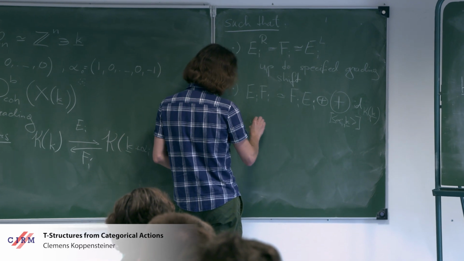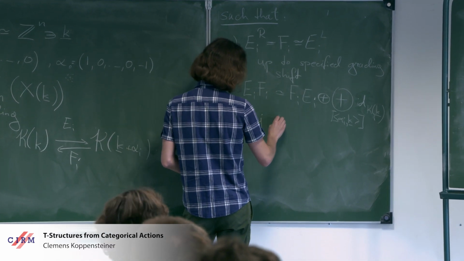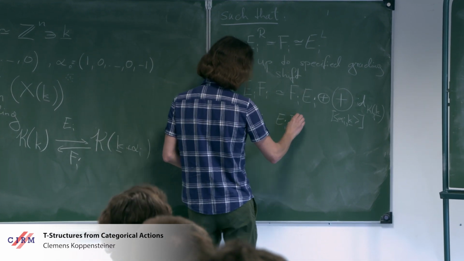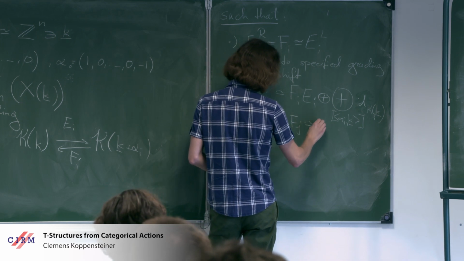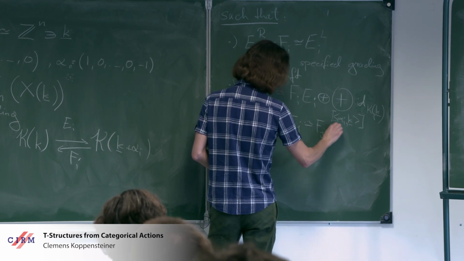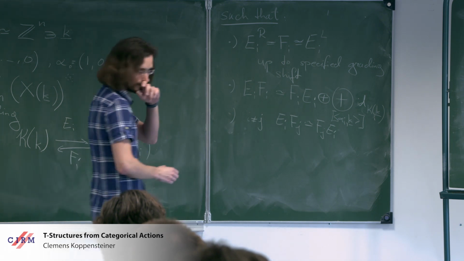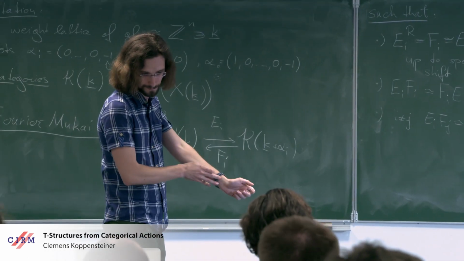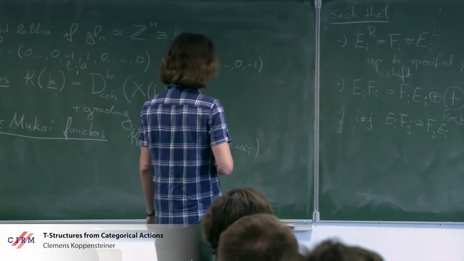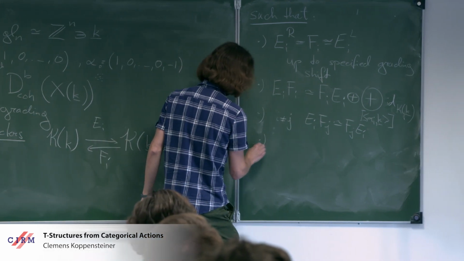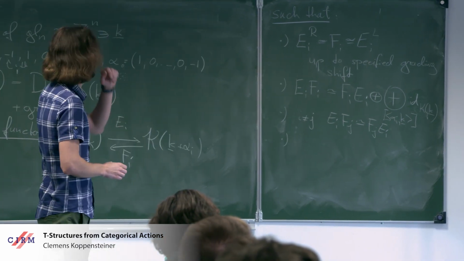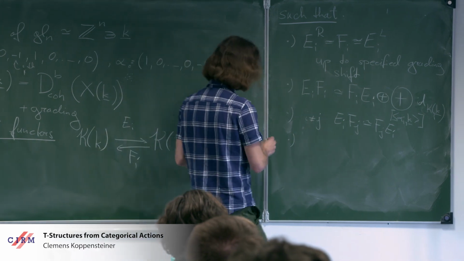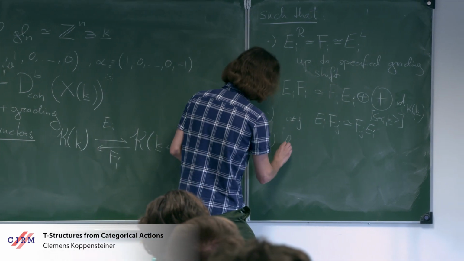If I is not j, then as usual EI and Fj should commute, Fj EI. And finally, I want to talk about finite stuff, so I have some finiteness conditions.